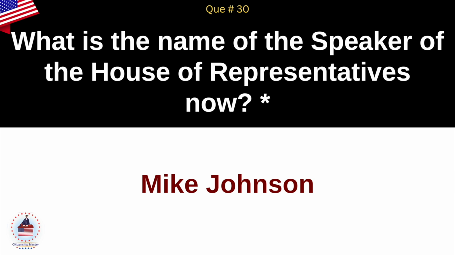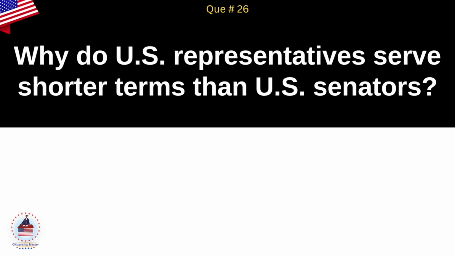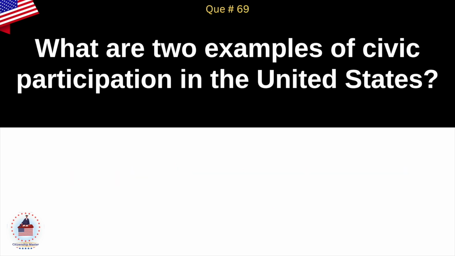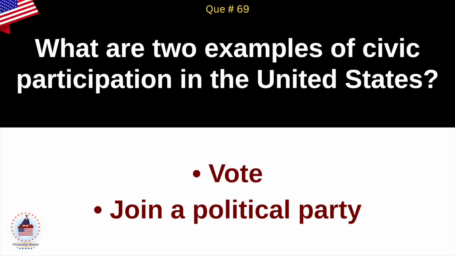Mike Johnson. Why do U.S. representatives serve shorter terms than U.S. senators? To more closely follow public opinion. What are two examples of civic participation in the United States? Vote. Join a political party.